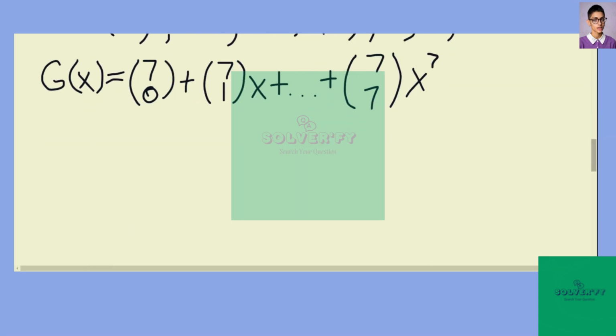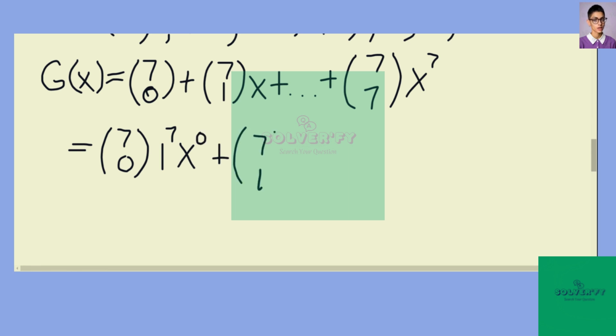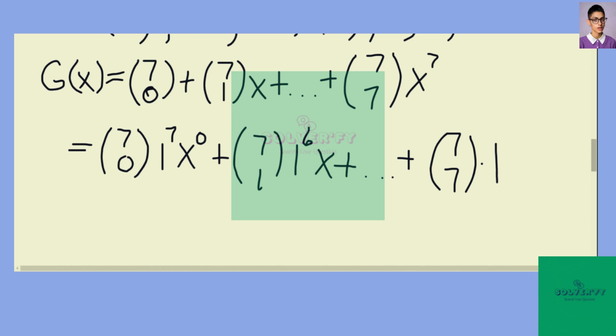We have that this is equal to 7 choose 0 times 1 to the 7th times x to the 0 plus 7 choose 1 times 1 to the 6th times x plus up to 7 choose 7 times 1 to the 0 times x to the 7th.